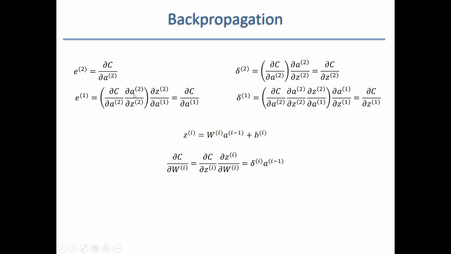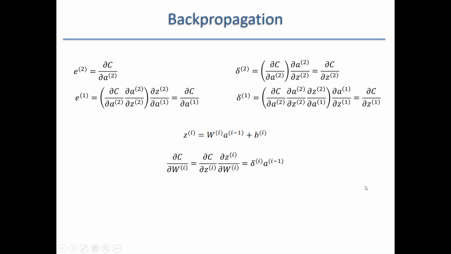So this is delta, so this is delta times something else. And these three are these three here. So these three is just E1 with respect to this one. So this is E2, this is E1. So deltas are the previous E's, so the E from the current layer times this derivative.